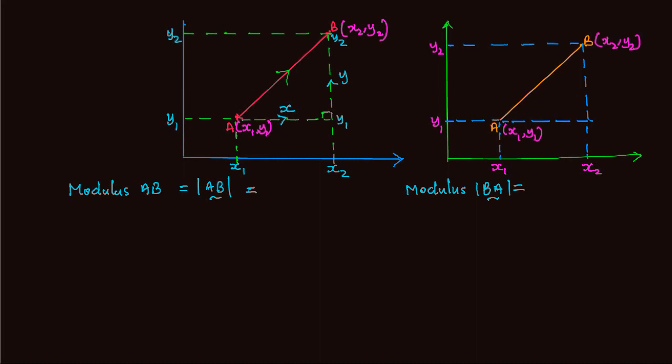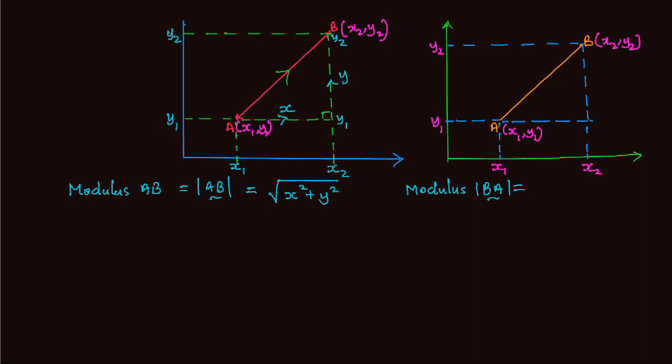Then we write the modulus of AB is equal to the square root of x squared plus y squared.